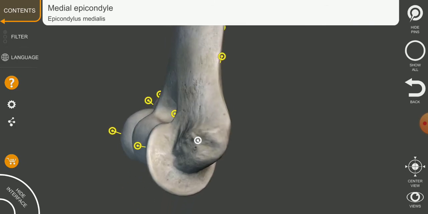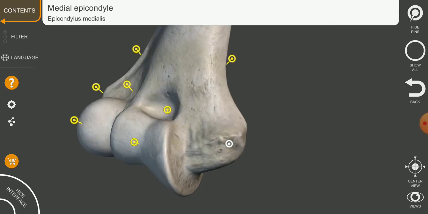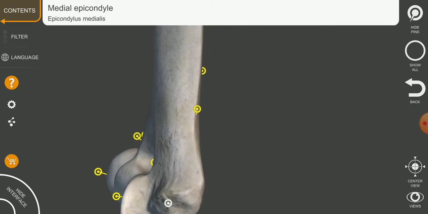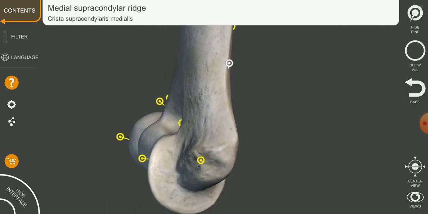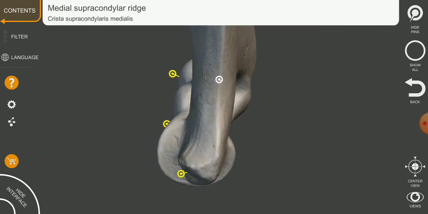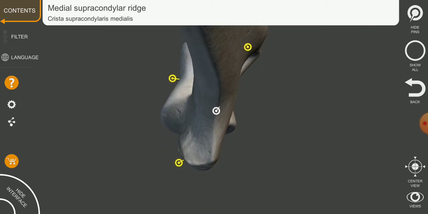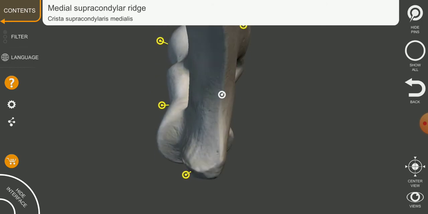So this area is called the medial epicondyle. Above it we have the medial supracondylar ridge, which starts from here and goes up like this. So we have a ridge-like structure on the medial side.